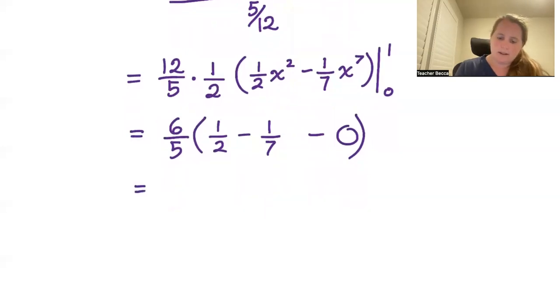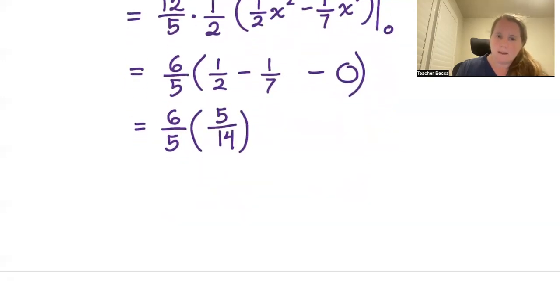So 6/5 times 1/2 minus 1/7 would be 7/14 minus 2/14, otherwise known as 5/14. And this simplifies: 6/5 times 5/14 becomes 3/7.